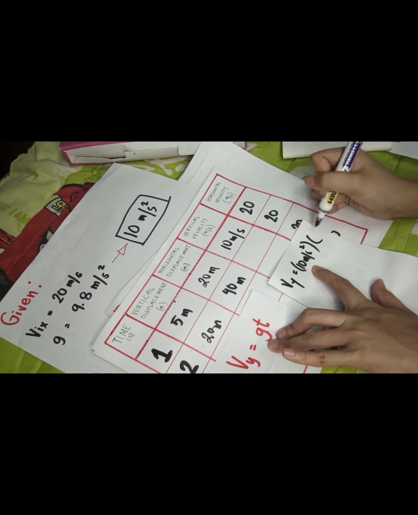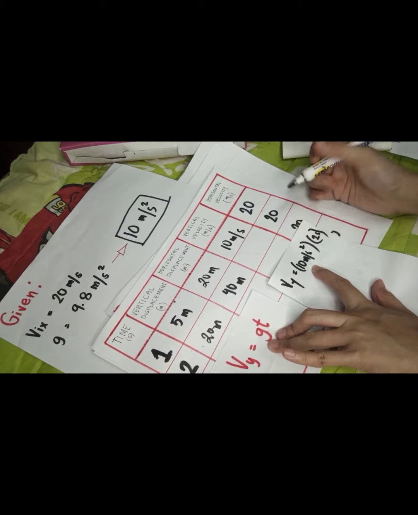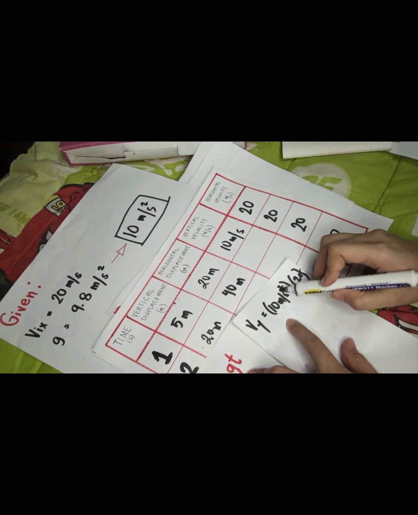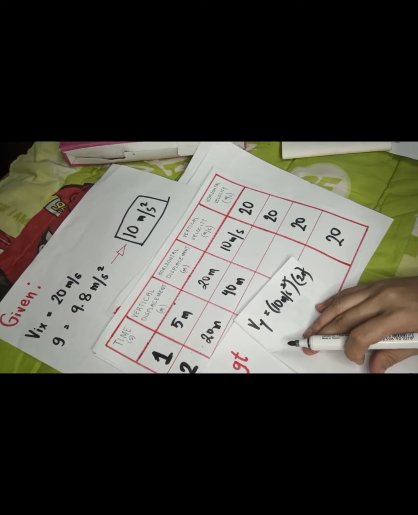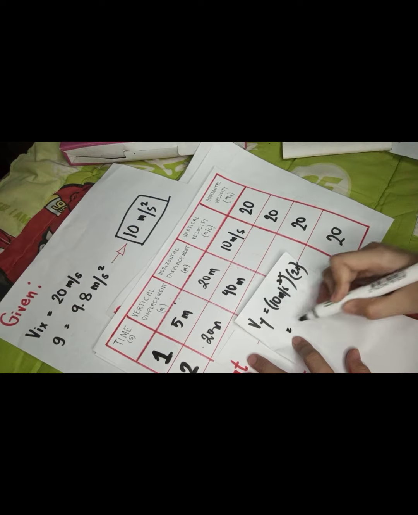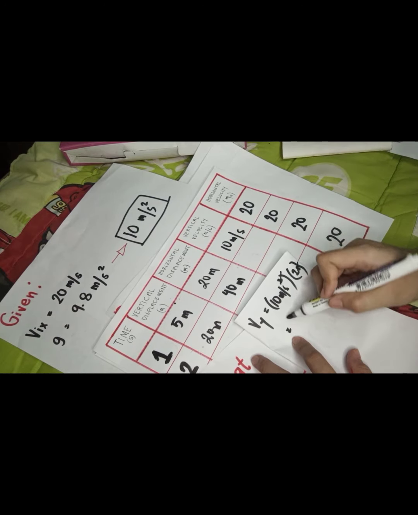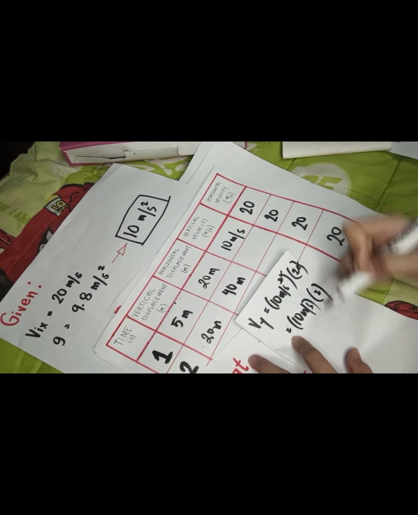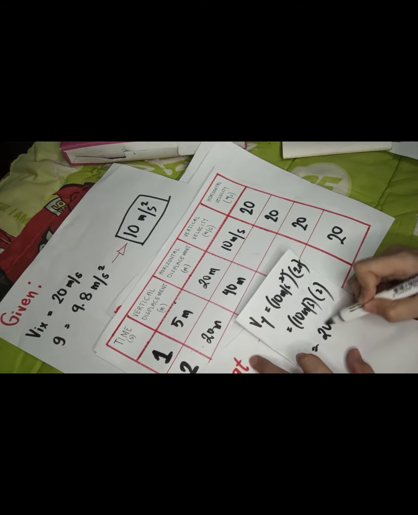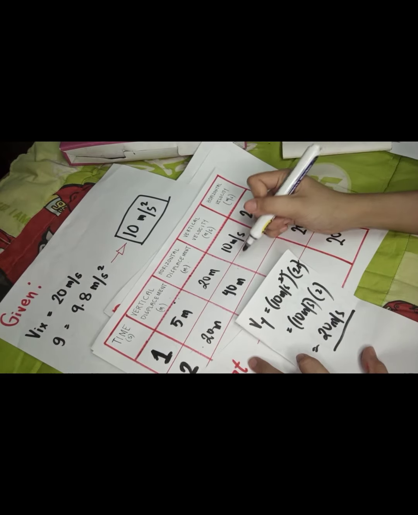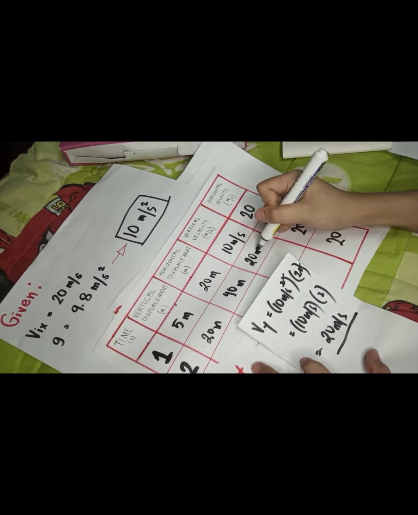And then, yung ating time na 2 seconds. So, pwede nating i-cancel out itong second and then yung ating squared. So, mawawala yung ating squared dito sa ating acceleration due to gravity. So, perform the indicated operation. 10 meter per second times 2, we have 20 meters per second. So, ito yung ating vertical velocity.